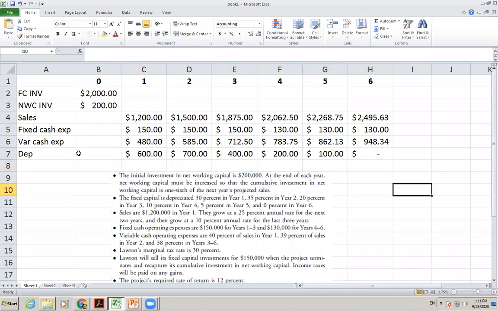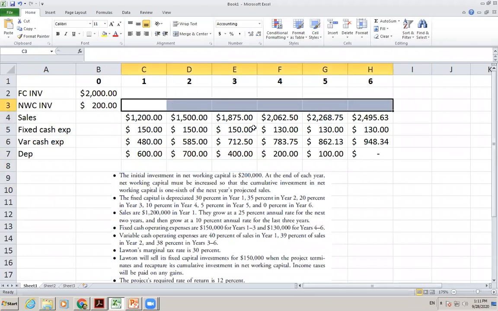So we calculated everything. Now the important part is this one: the cumulative net working capital. It's 1/6 of the cumulative investment in net working capital of the next year's projected cash flow.